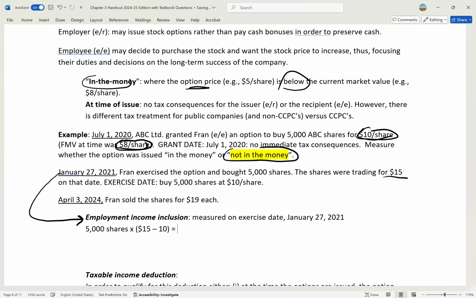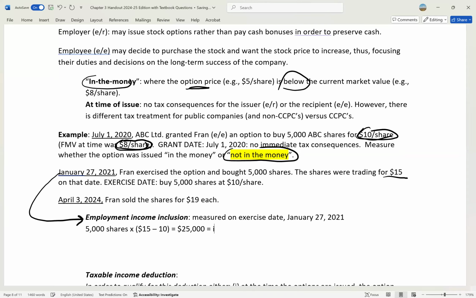Because she got an immediate increase in value of $5. She only paid 10, but they're worth 15. So that increase of $5 per share times the 5,000 shares, that is an employment income inclusion of 25,000.